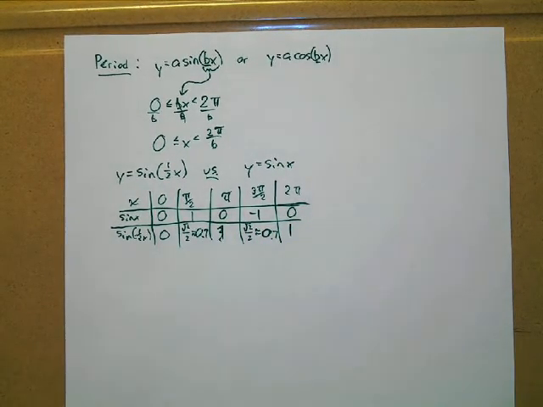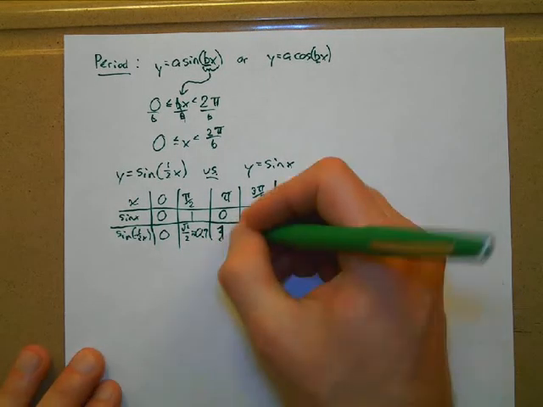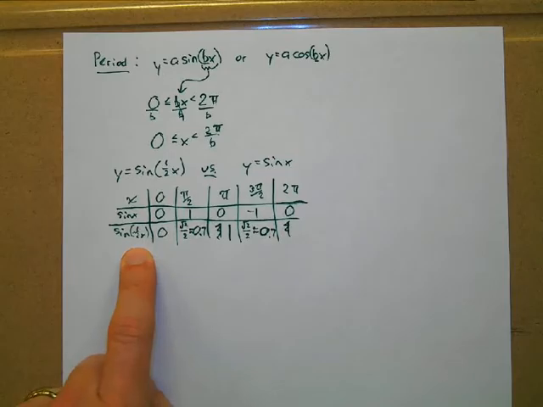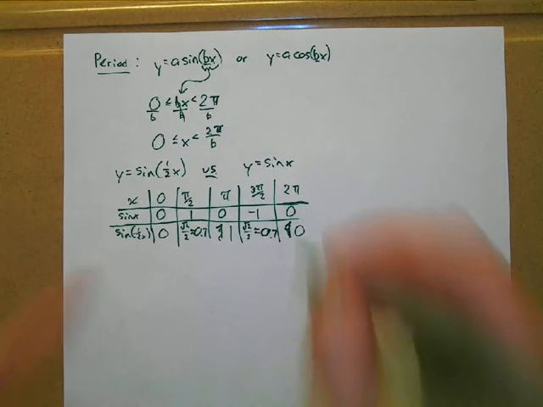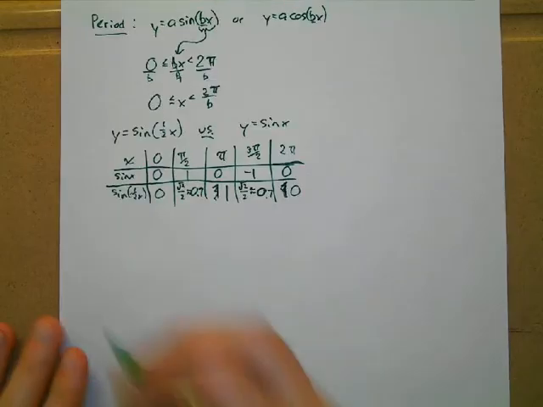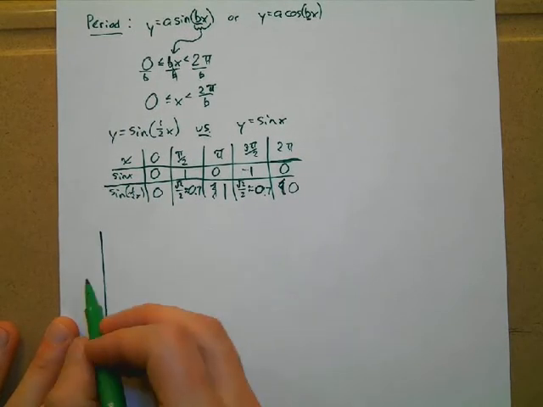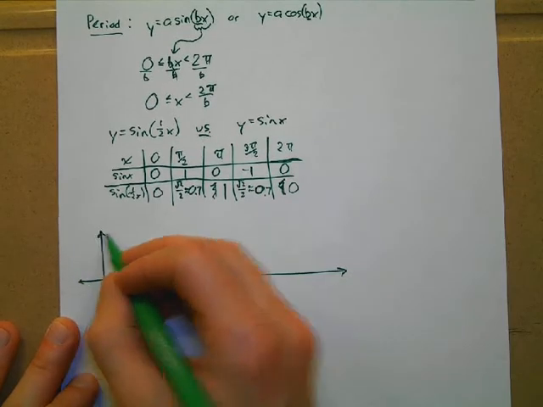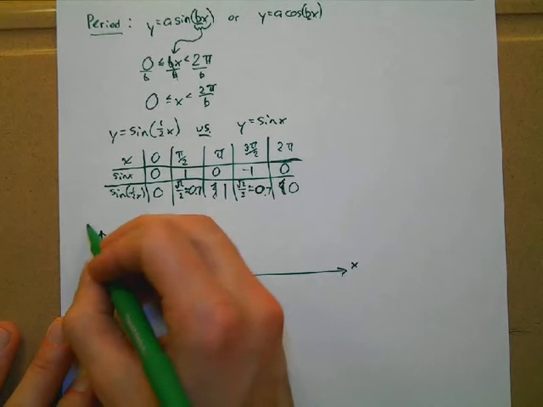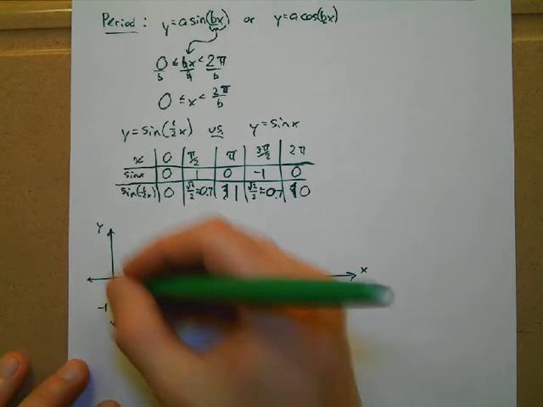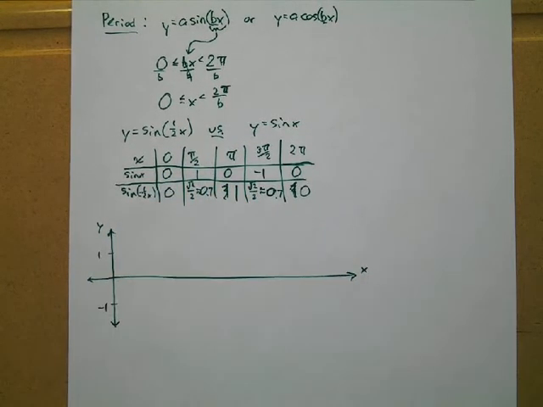I'm going to graph both here. Again, I'll put -1 and 1, because our amplitude there is still 1. I'm going to go out to like 2 pi here, and so there's pi over 2, 3 pi over 2. I'll graph sine in green, and I'll do sine of 1/2 x in red.